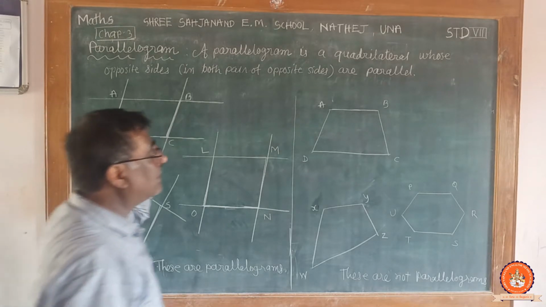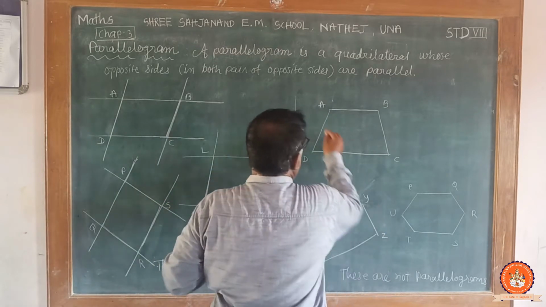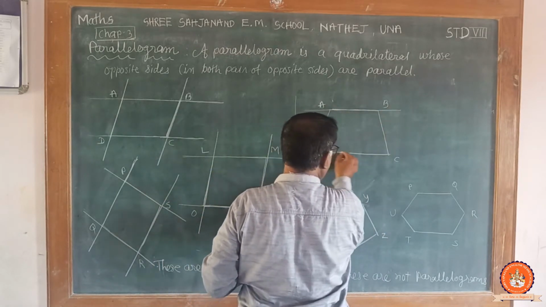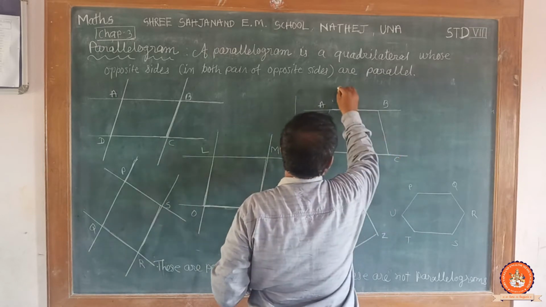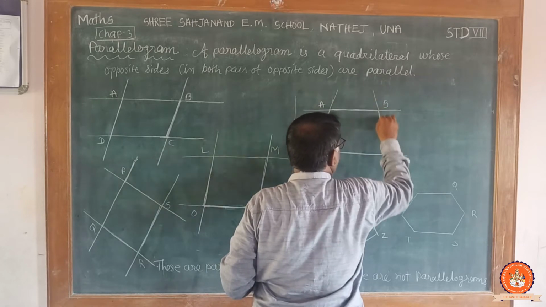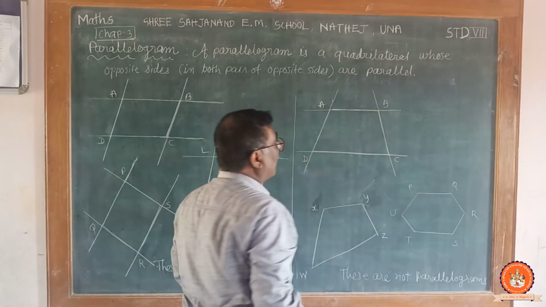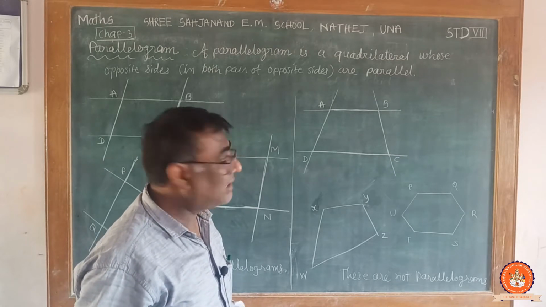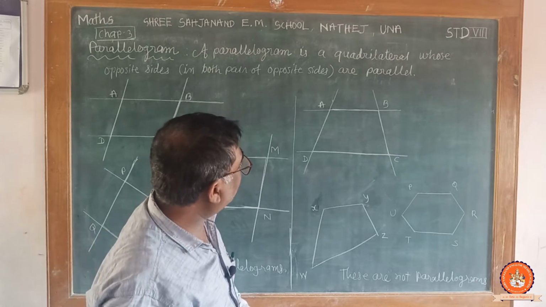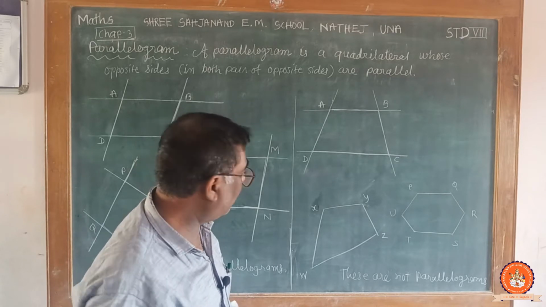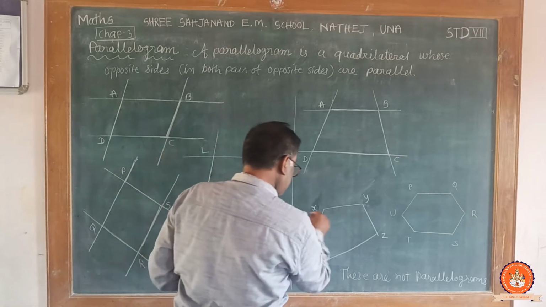But look at this. Here AB is parallel to DC, but AD doesn't seem to be parallel to BC. So one pair of opposite sides is parallel, but the other pair of opposite sides is not parallel. Look at it here.